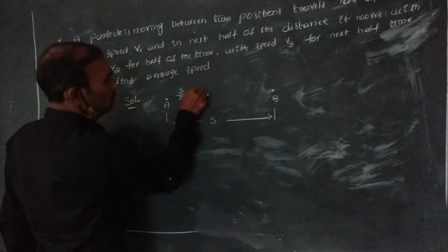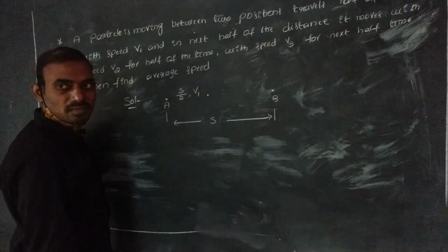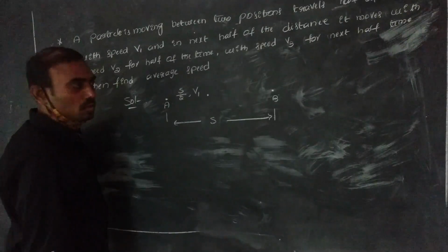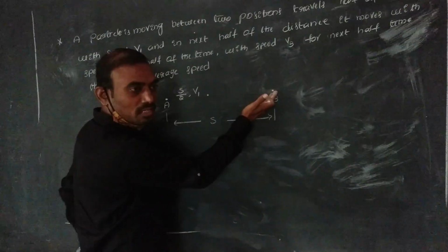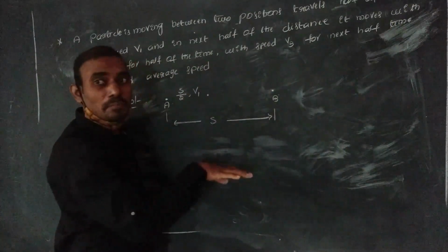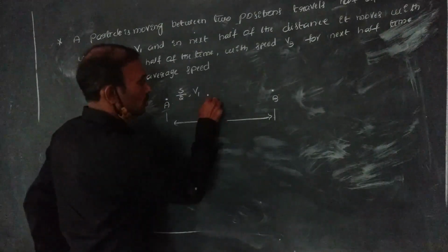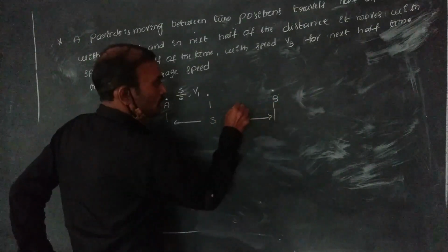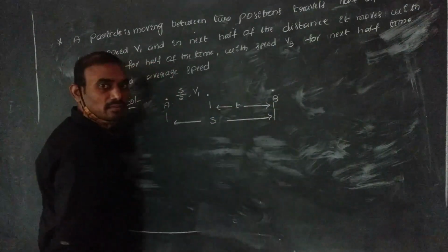Half of the distance, S by 2, travels with speed V1. Next, in the other half of the distance, suppose the total time taken is t.